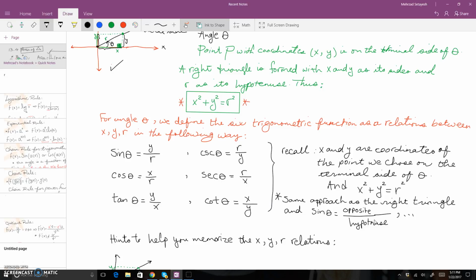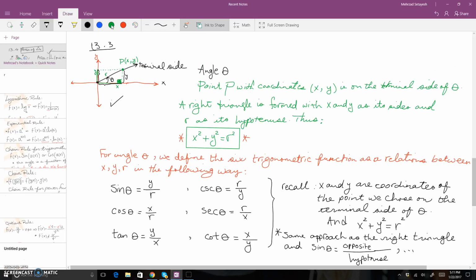Remember that before, in a right triangle, we said if this is angle theta, and let's call these sides A, B, C, at that time we used the labels A, B, C instead of x, y, r. It doesn't matter, those are just names. For the angle theta, sine is always the opposite side divided by hypotenuse.